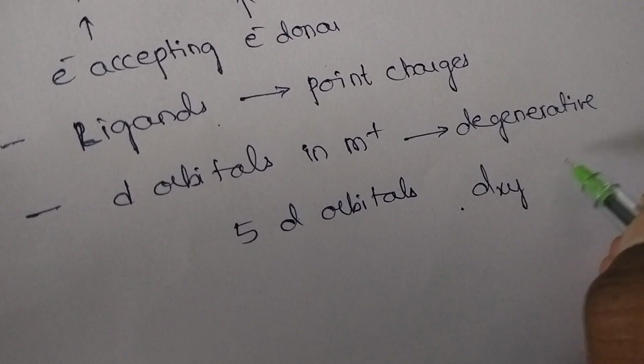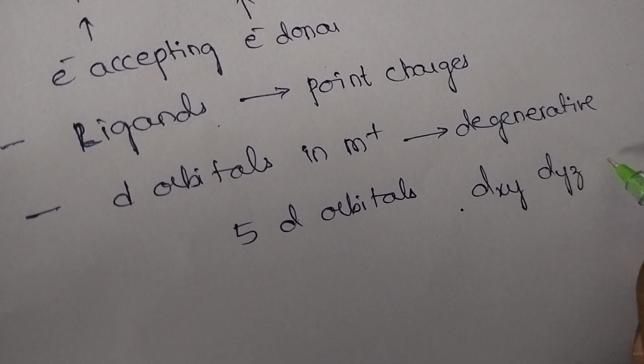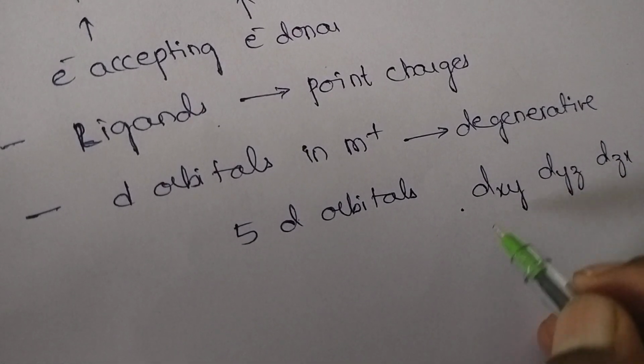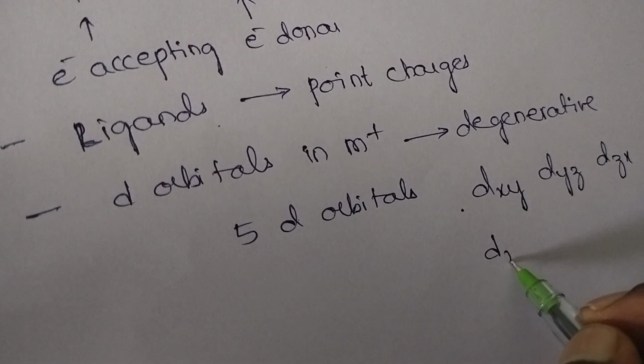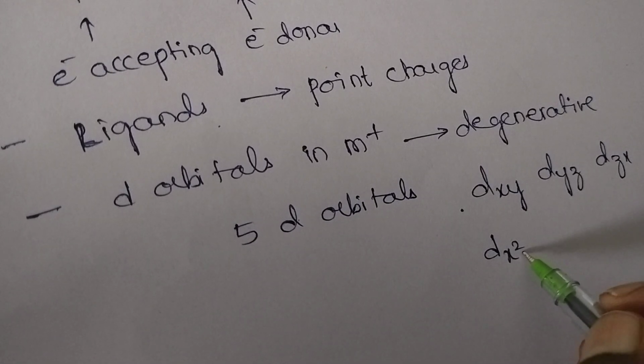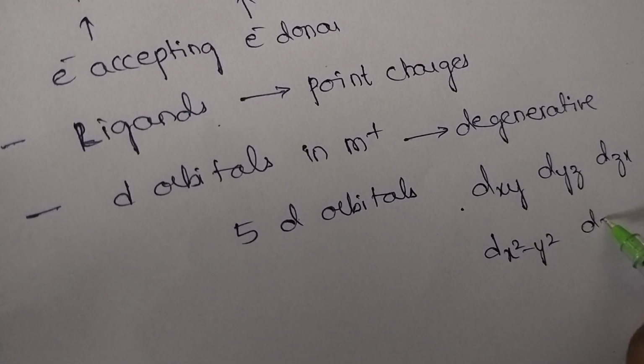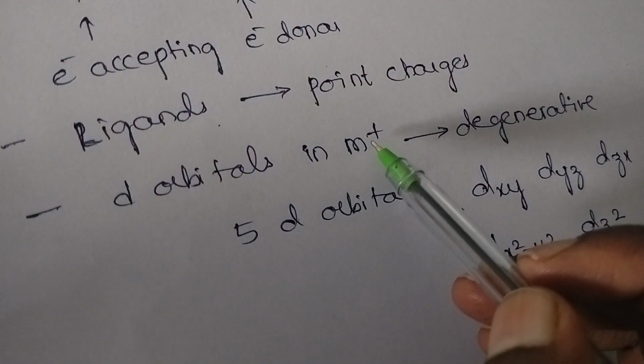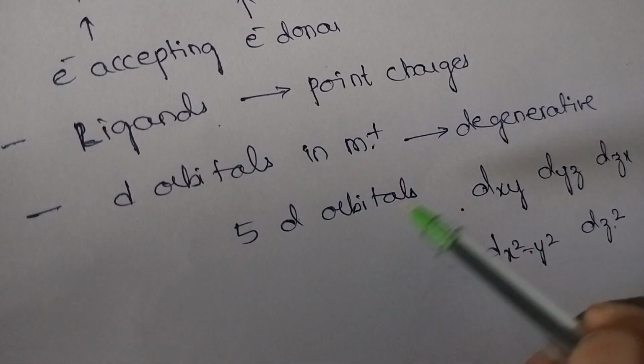dxy, dyz, dzx, dx square minus y square, and dz square. 1, 2, 3, 4, 5. So every metal ion is composed of 5 d orbitals.